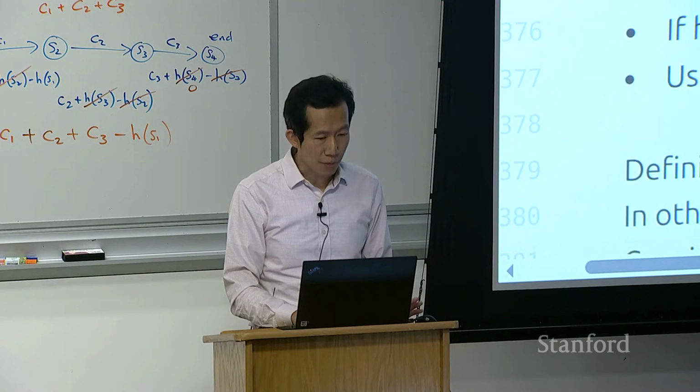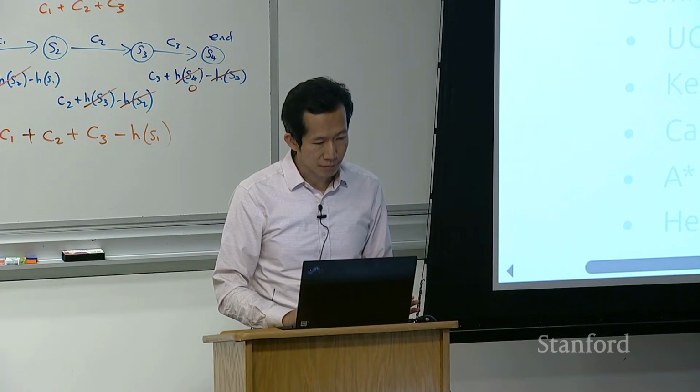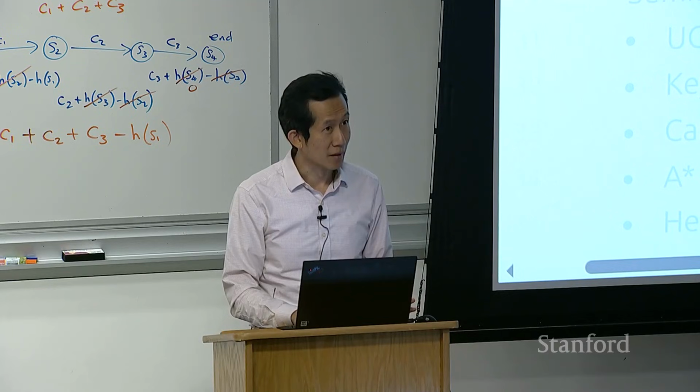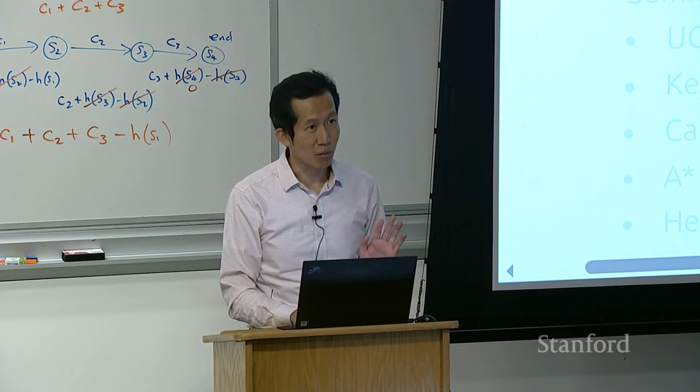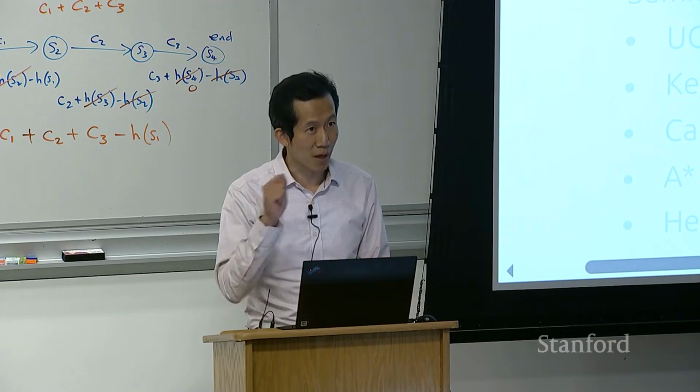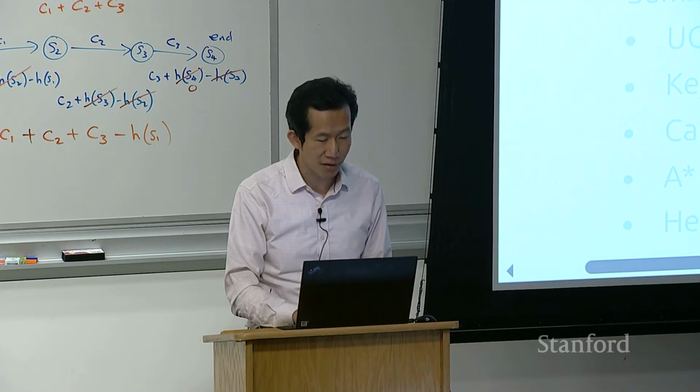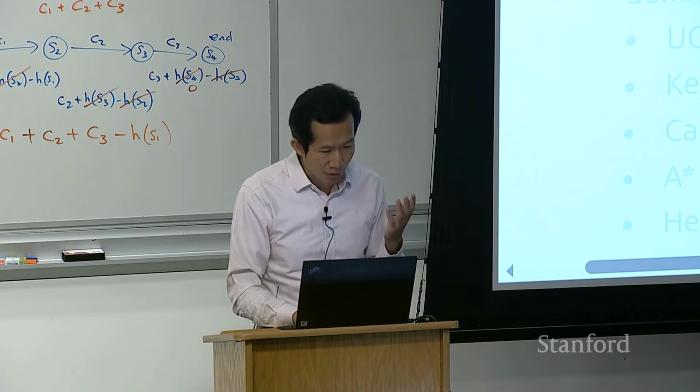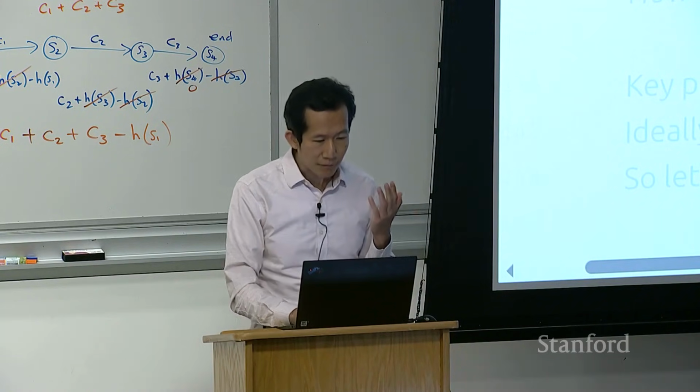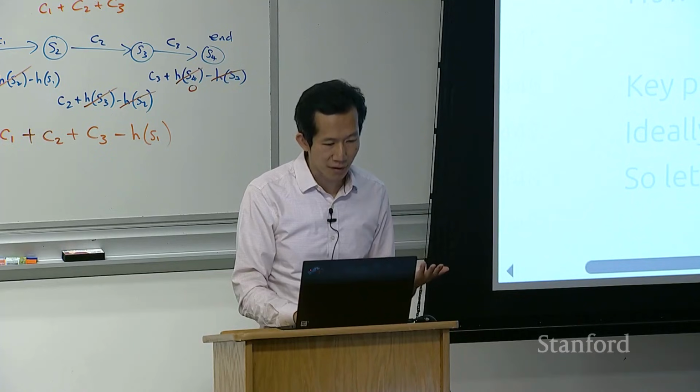Okay, so far we've introduced A star. It's UCS with a heuristic which modifies the edge costs. And now there's a question of how do you come up with this heuristic?